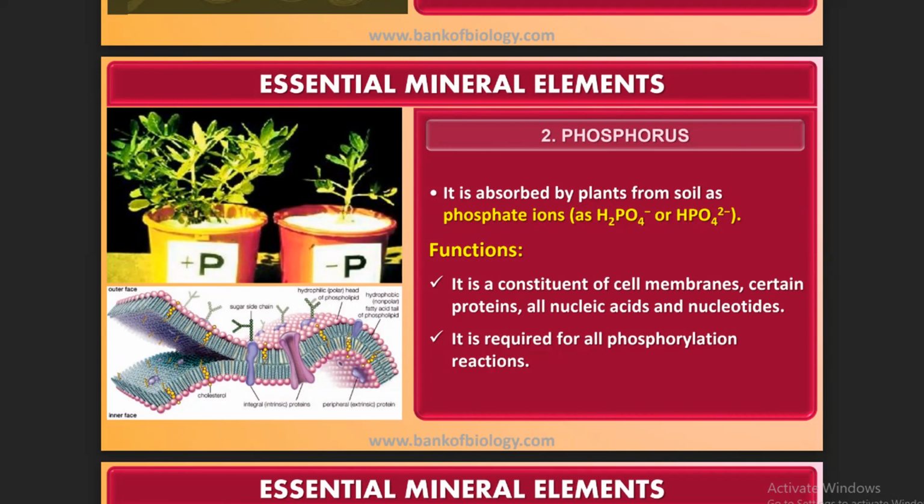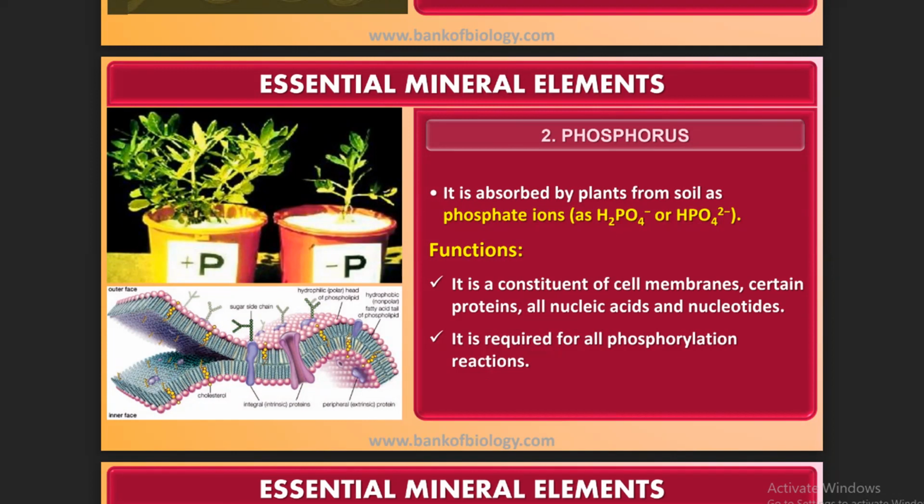But other than this, one main component is there where phosphorus is present. What is that? Three-letter word. Which is the energy molecule? ATP. Okay. Just remember that.